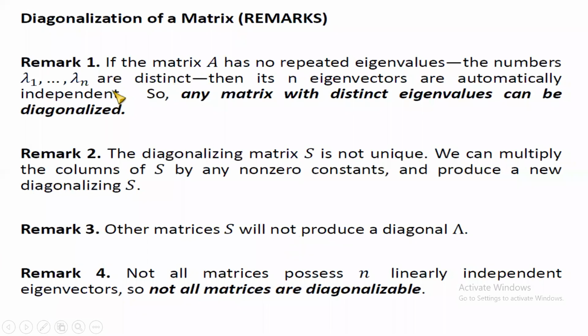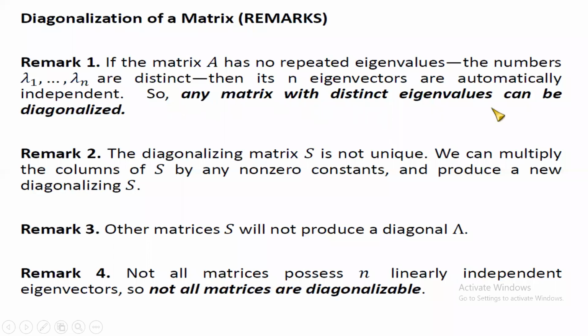There are a lot of remarks associated with this. If the matrix A has no repeated eigenvalues, that is, the numbers lambda 1 to lambda n are distinct, then its n eigenvectors are automatically independent. So if all the eigenvalues are not repeated, that means they are different, then we'll have n eigenvectors that are automatically independent.